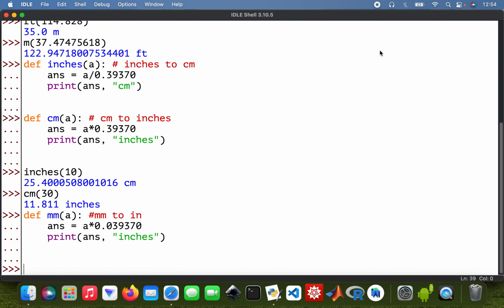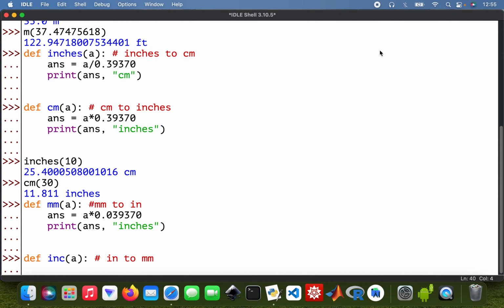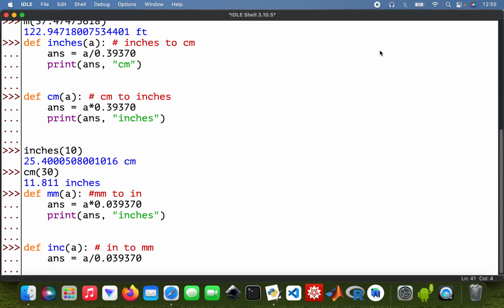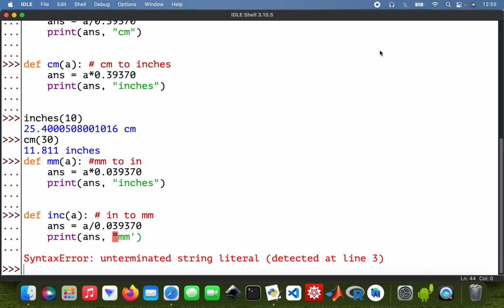And then we'll do the opposite. So that'll be inches to millimeters, then my answer is equal to a divided by 0.039370. Then print the answer as well, typing my units as millimeters.